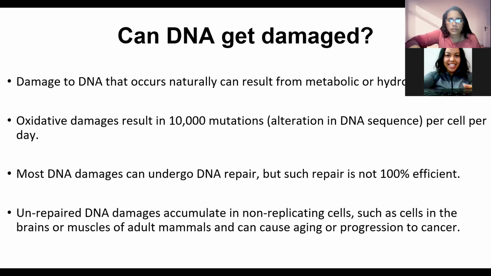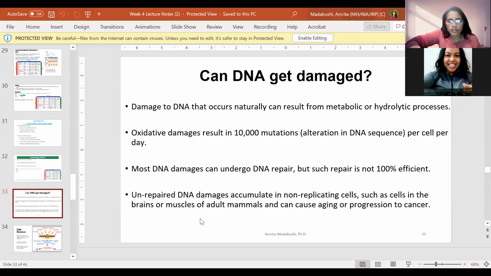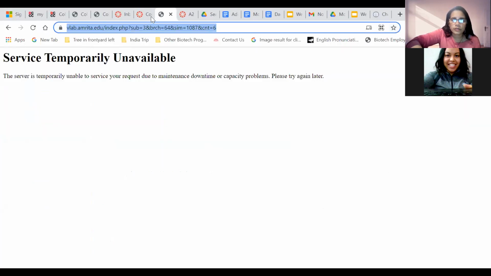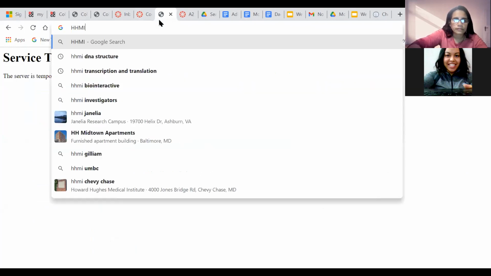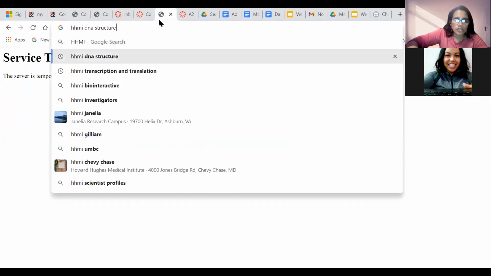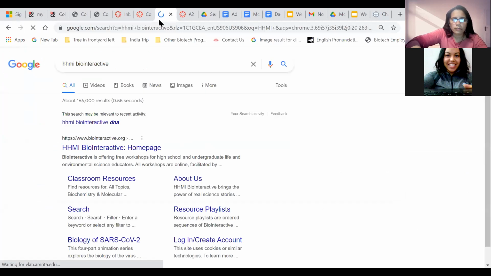Now, since this one is going to be easier, before we switch the topic to a little bit different area, I will have to show you something. This is something, if you don't see, you will not realize. So let me just share something with you. I told you, HHMI BioInteractive has some amazing resources, guys, amazing.